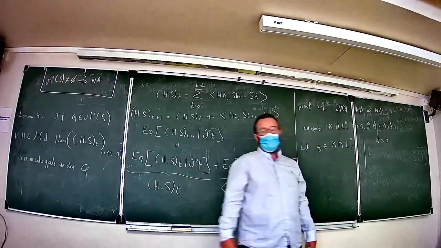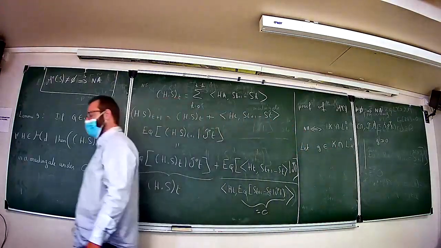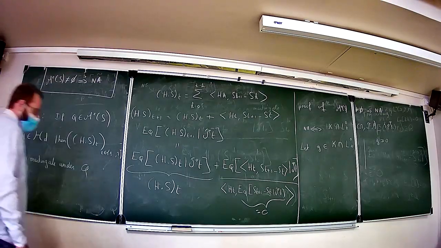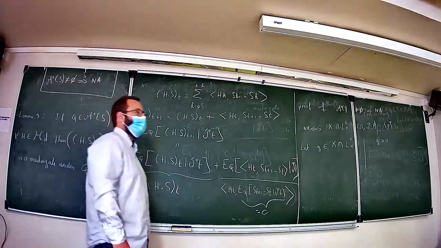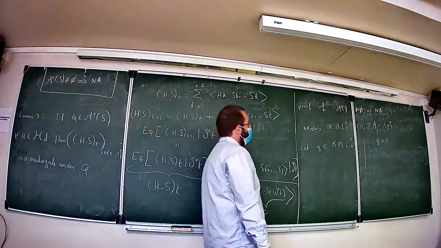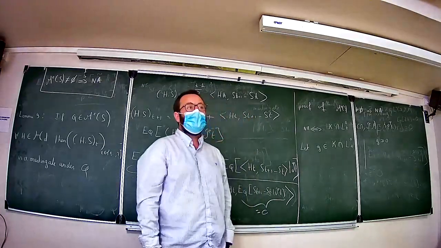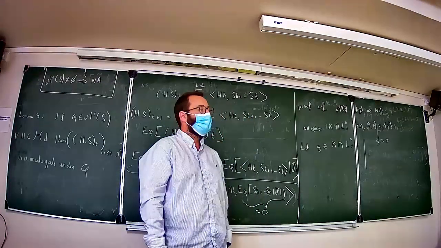And I have the fact that J belongs to calligraphic K. Can I conclude for the expectation of J under Q?